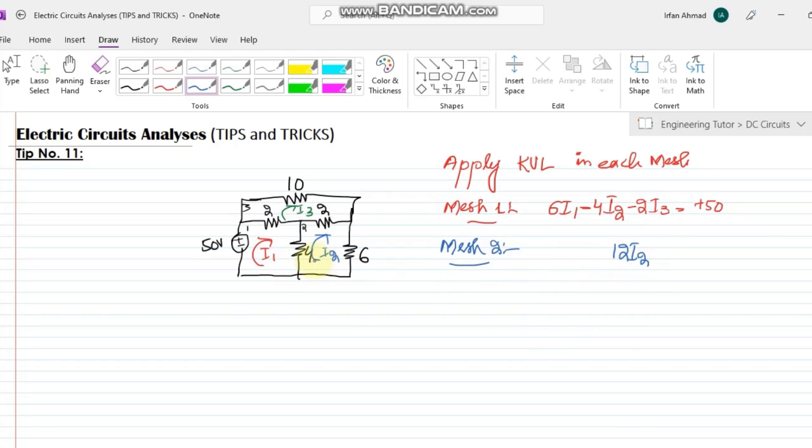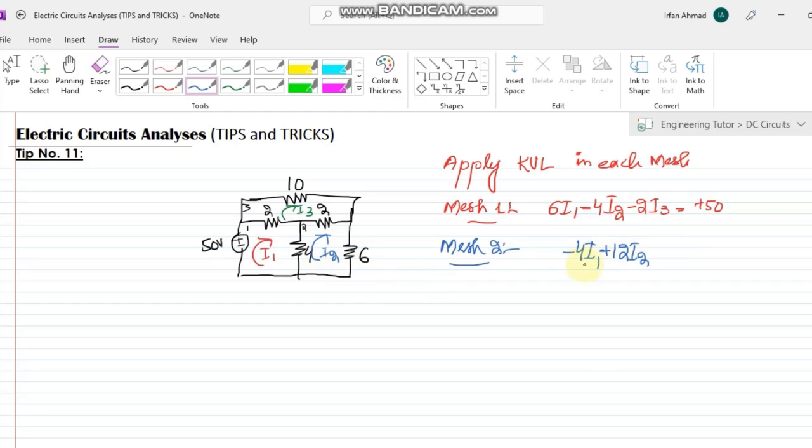Similarly, which resistors is it sharing with the other meshes? The resistor 4 is shared with mesh number 1, so I have to write the negative sign with 4. And in which mesh is it? It is in the first mesh, so that would be minus 4I1, and only the positive sign will be with the current of the mesh you are in.